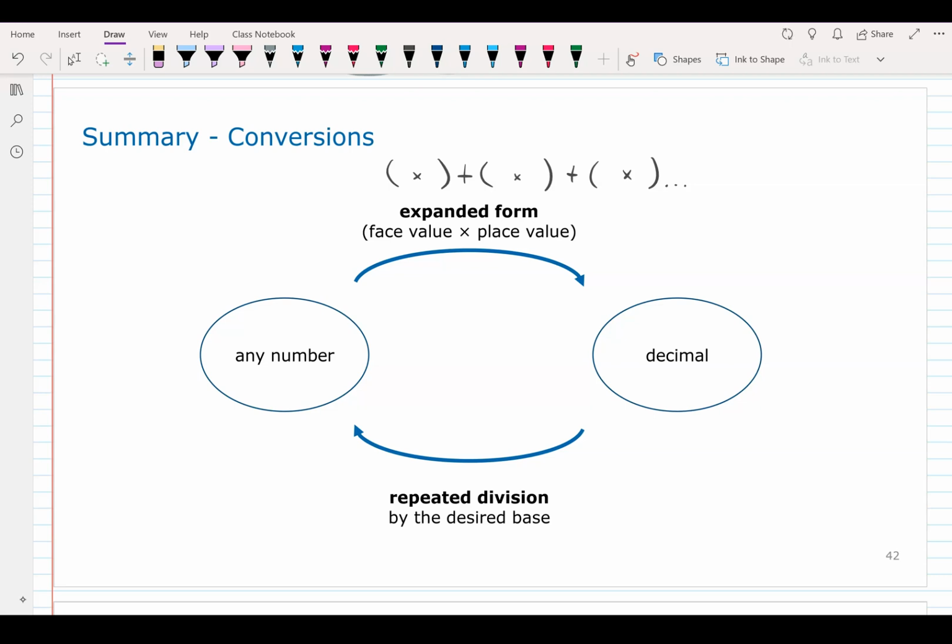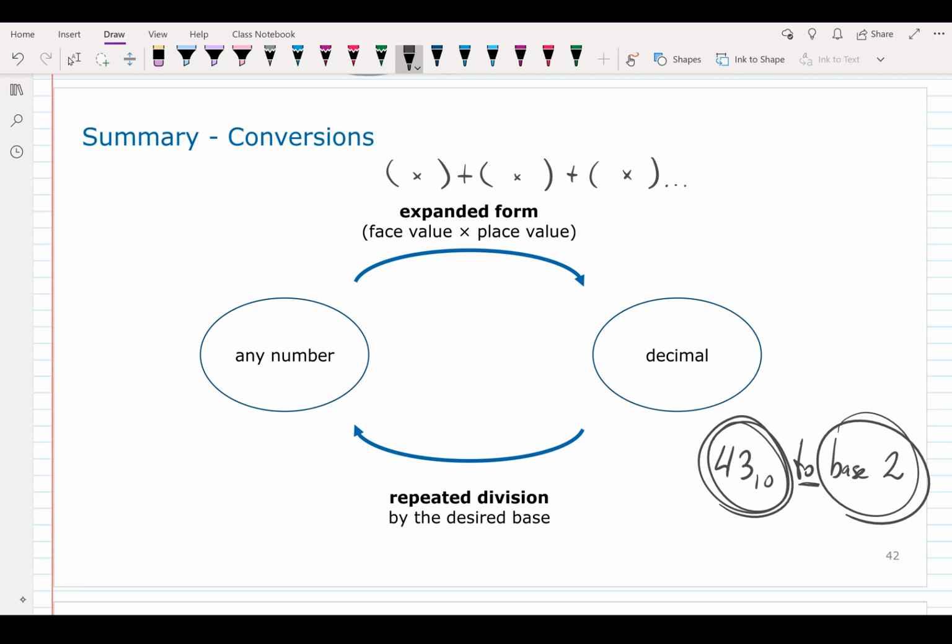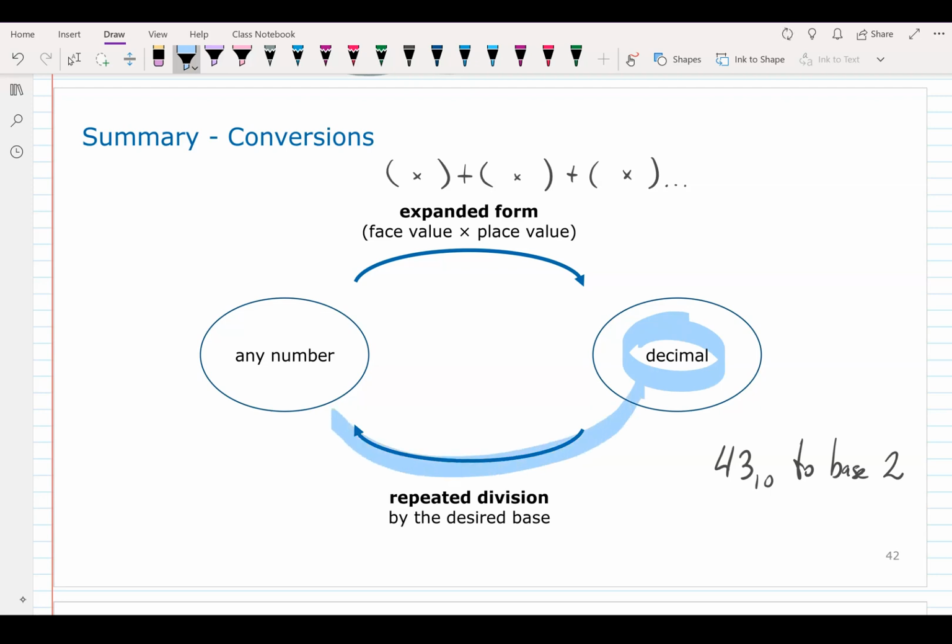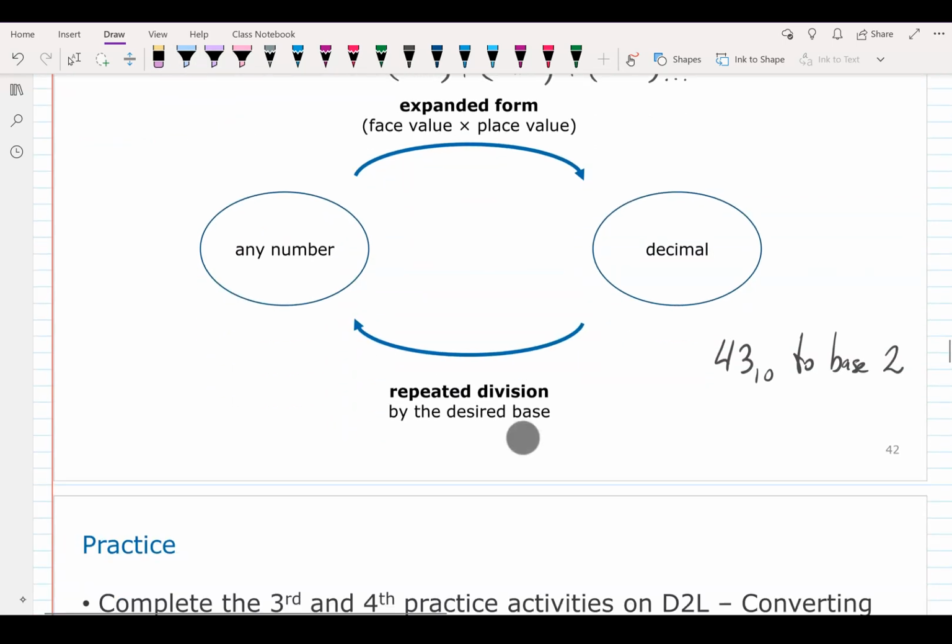So if you're stuck and you're looking at these questions and you're like, well, how the heck do I convert 43 in decimal to binary, which is base 2? Well, this is a decimal number, and you want to go to a different base. So you would say, well, I start with decimal. I need to go over and get a new number in a new base, so that's repeated division. So you can use this basic flowchart to figure things out.